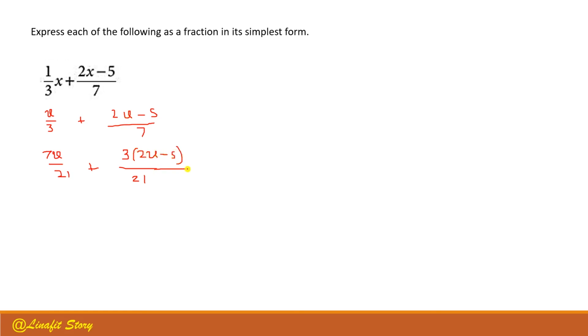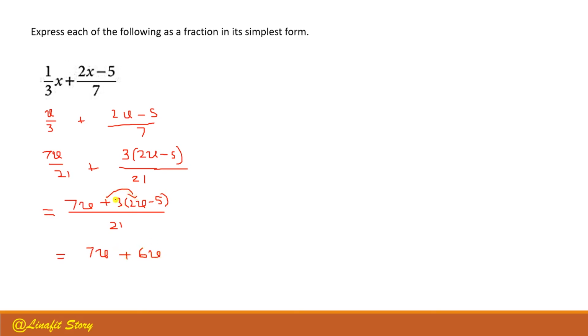And then we combine into a single fraction out of 21. So 7x plus 3 open bracket 2x minus 5 equals 7x, positive 3 times 2x is equal to positive 6x.